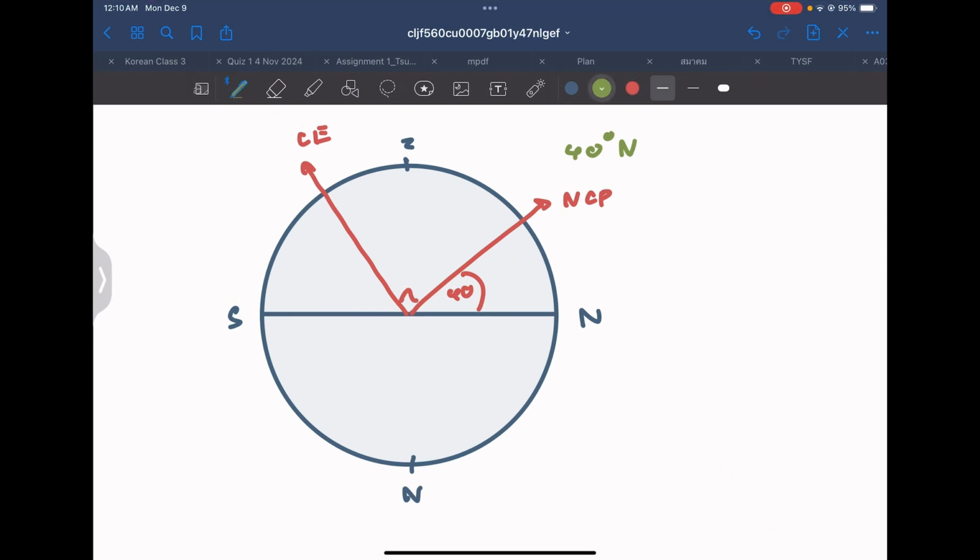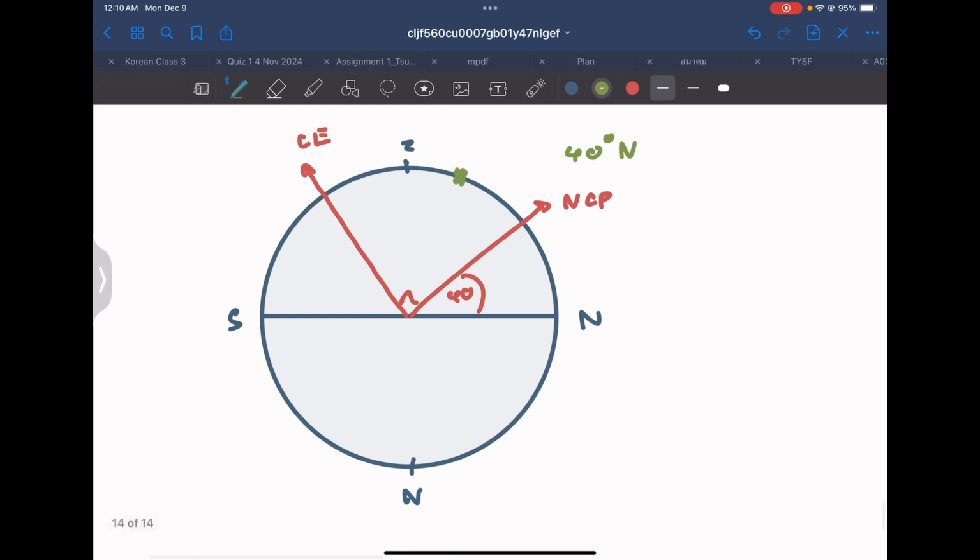Given the star is around here, the declination is this theta, right? Therefore, this angle is 90 minus theta.